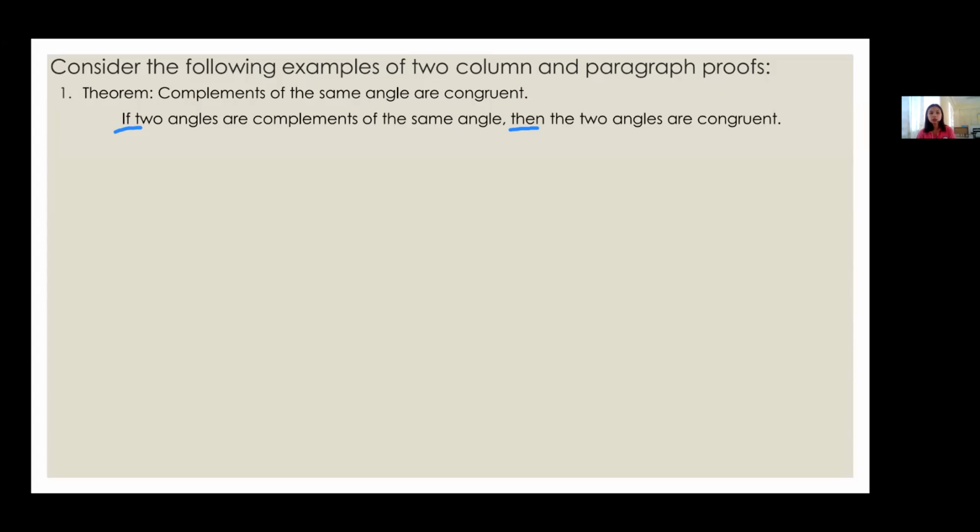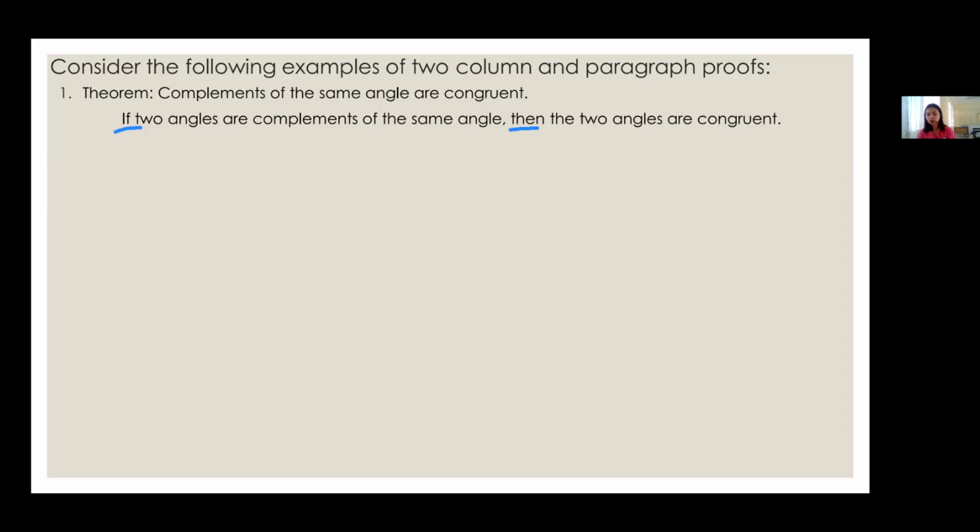Again, when we are proving, it's much better if you're going to write the theorem into its if-then form po. So if two angles are complements of the same angle, then the two angles are congruent po.